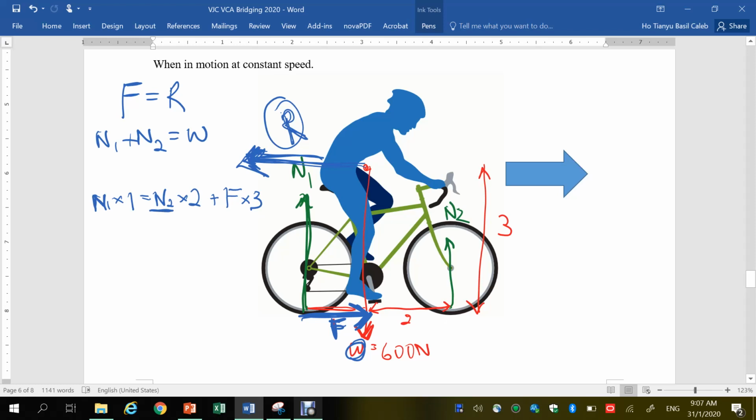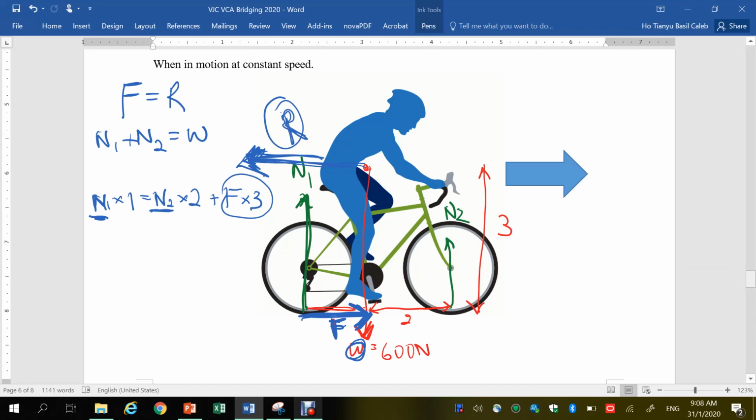Okay, but here, what I want to let you know is the sensing here is that the value of N2 must decrease and the value of N1 must increase compared to before. Why? It's because F here has a certain value, which means that there is an additional anti-clockwise moment compared to before. Right?